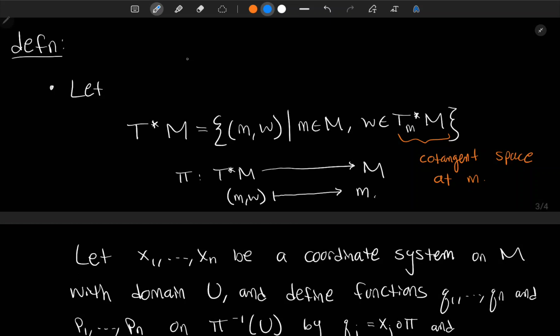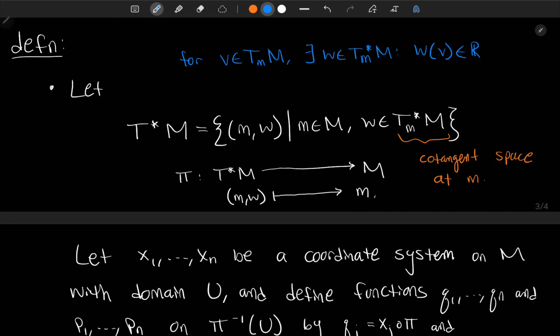So to be specific, for an element v in the tangent space at m, there exists an element w of the cotangent space such that w acting on v is an element of the real numbers.